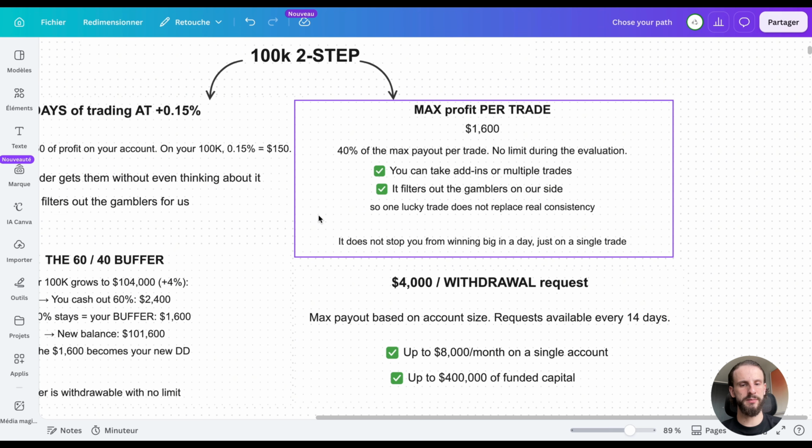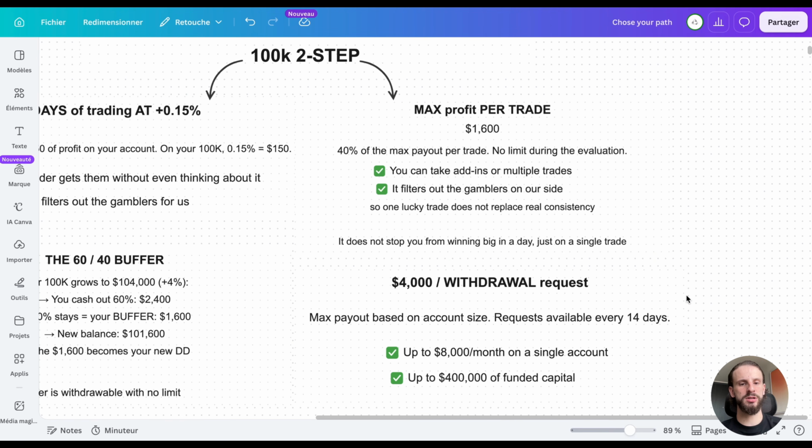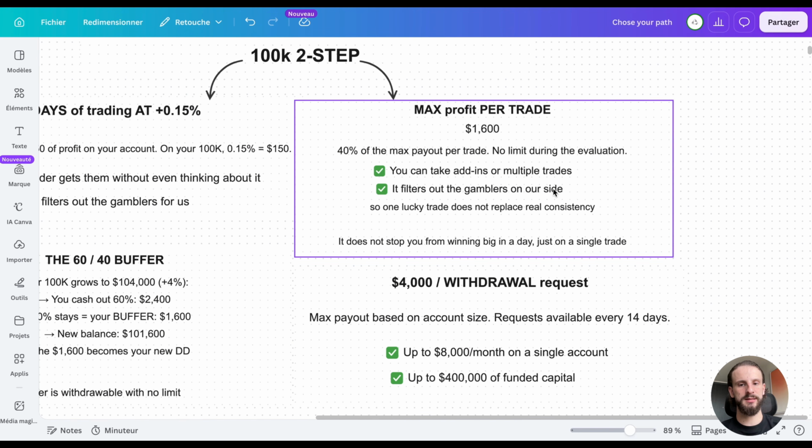But keep in mind that you can take as many trades as you want. It does not stop you from winning big in a single day. It does not stop you from winning big in a single session. It just stops you from doing it all on one single trade.